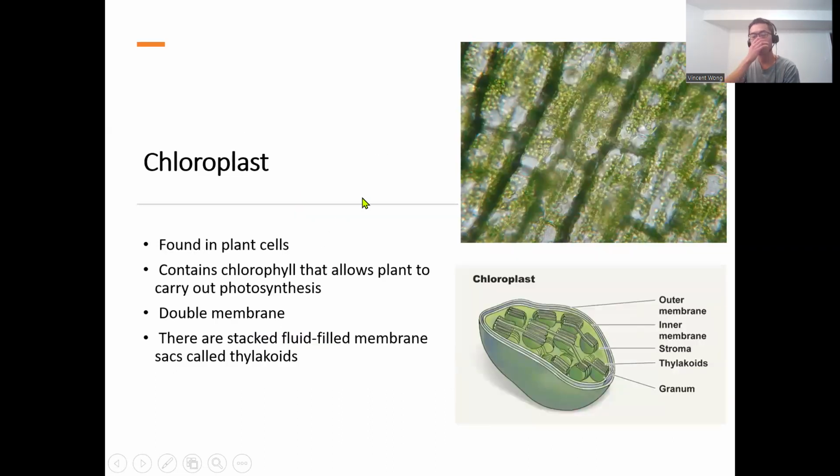All right, next there's something called chloroplast. Okay, chloroplast is found in plant cells, but not in animal cells. So our cells, human cells, don't have chloroplast. Plant cells do.